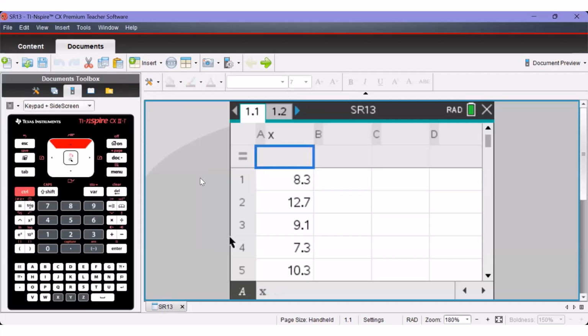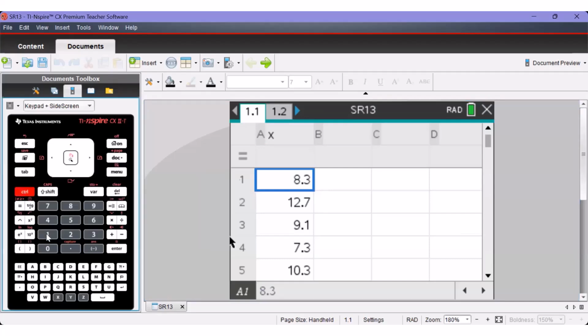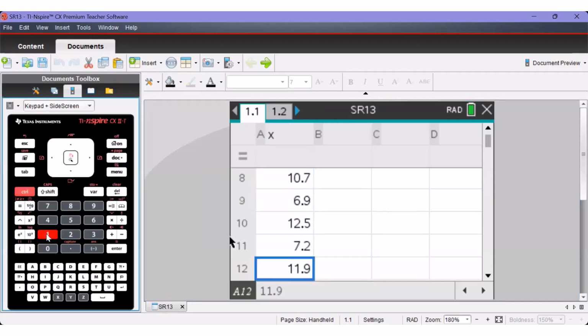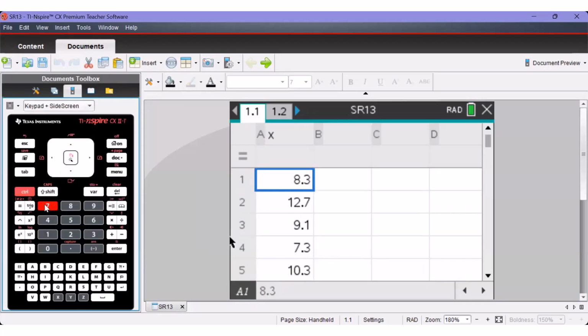And notice that I have called the variable for this data X. Just to ensure that I've got all 12 points in, if you press Control 1, it takes you to the bottom of the column, and Control 7 takes you to the top.